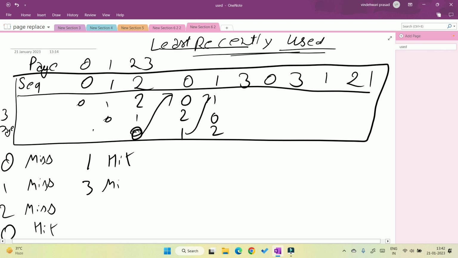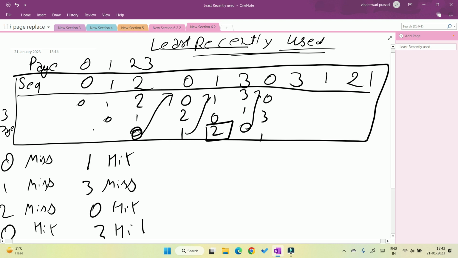3 is a miss; the least recently used page is 2, so it goes out, and the memory becomes 3 1 0. Now you require 0, a hit. 0 moves here, 0 3 1. 3 is a hit.